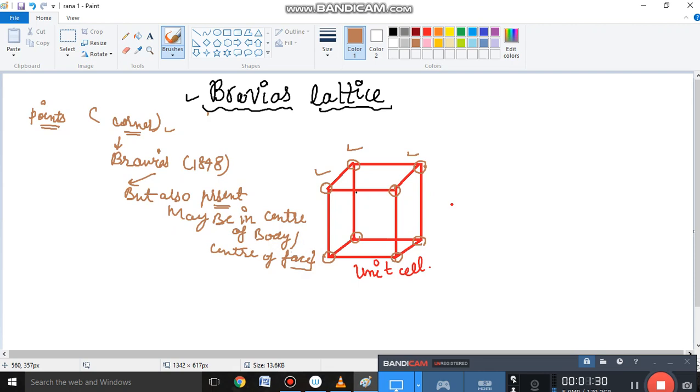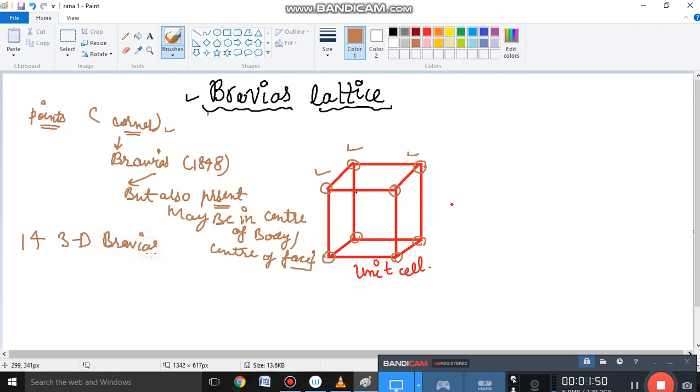Thus this gave rise to the 14 different types of lattices corresponding to the 7 different crystallographic systems, or we can say crystal systems. It gave rise to the 14 three-dimensional Bravais lattices.